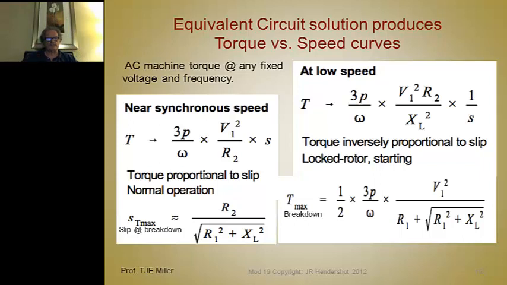These are the formulas to calculate the torque speed curve for the equivalent circuit. So these formulas can be put in a spreadsheet, and you can generate the curves for a bunch of different values of voltage and frequency, and then curve fit those and make a plot.